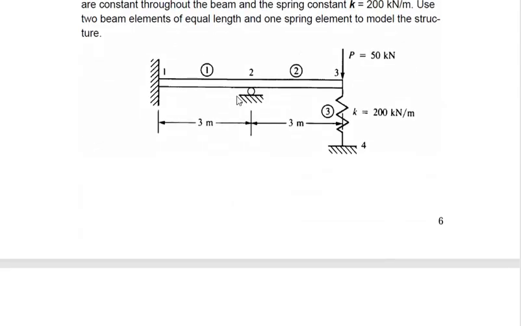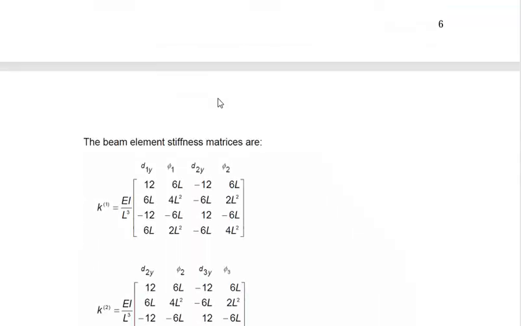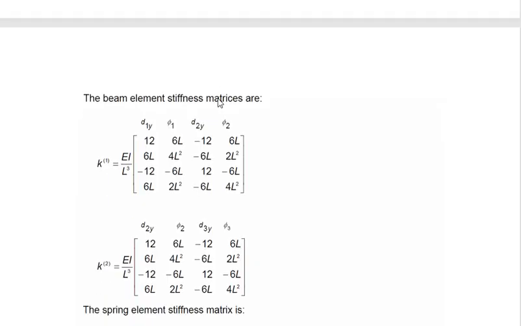So element number 1 and 2, these are beam elements. So we'll take the expression, or the form of element stiffness matrix for a beam element. For a beam element, the element stiffness matrix can be written as this: d1y, phi1, d2y, and phi2. This is the old expression. We are well familiar with this.